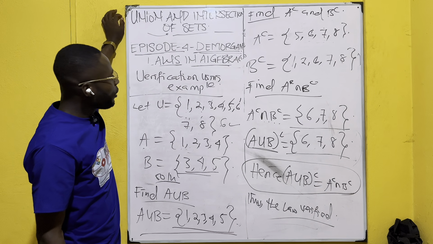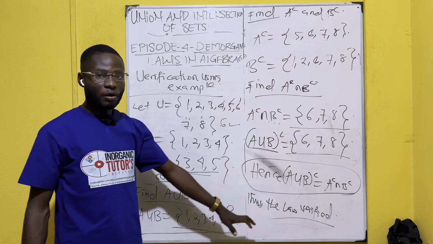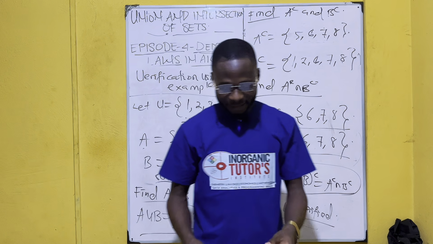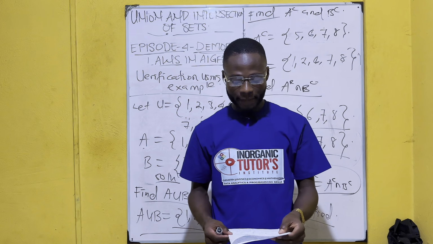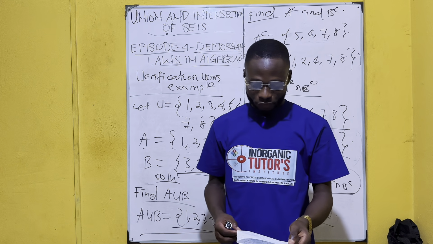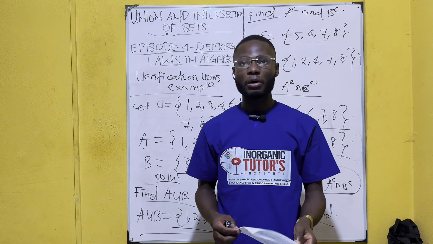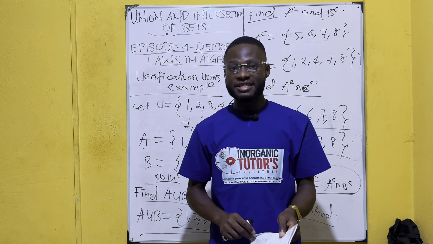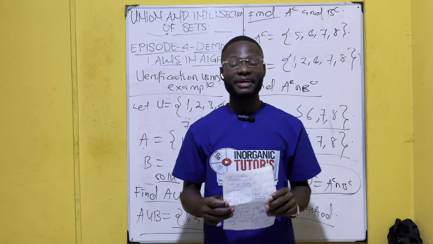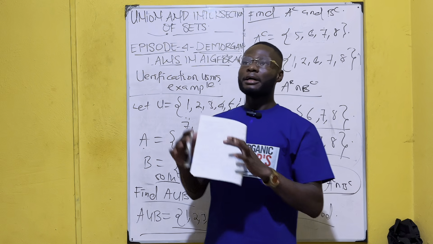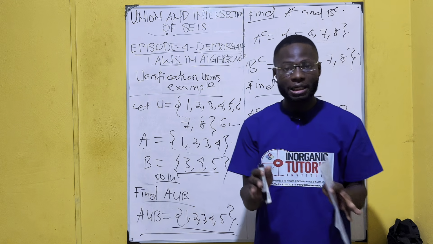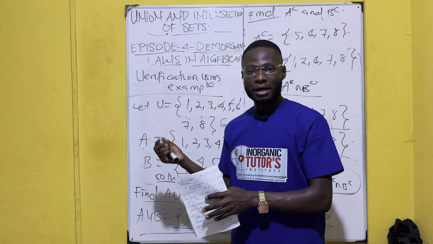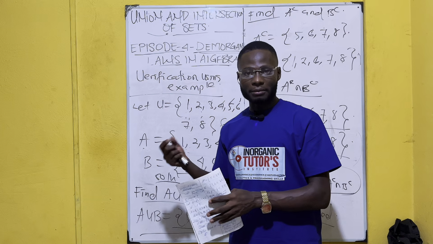Now, once you have been able to verify the law, let's move on to the next thing on the list, where we will talk about De Morgan's law. Now, we are going to use the Venn diagram to demonstrate the same laws that we demonstrated algebraically, or using symbols.